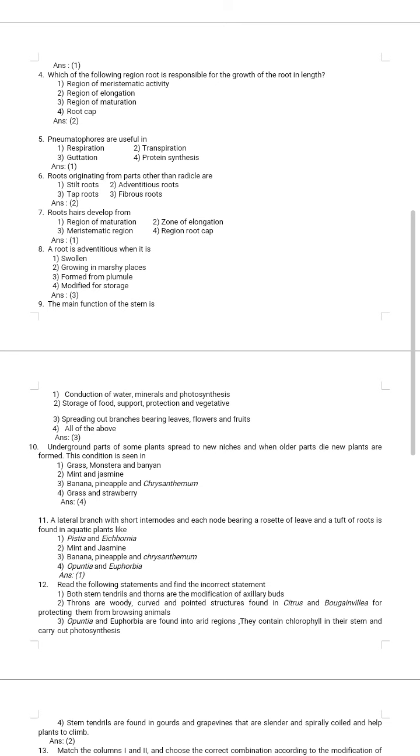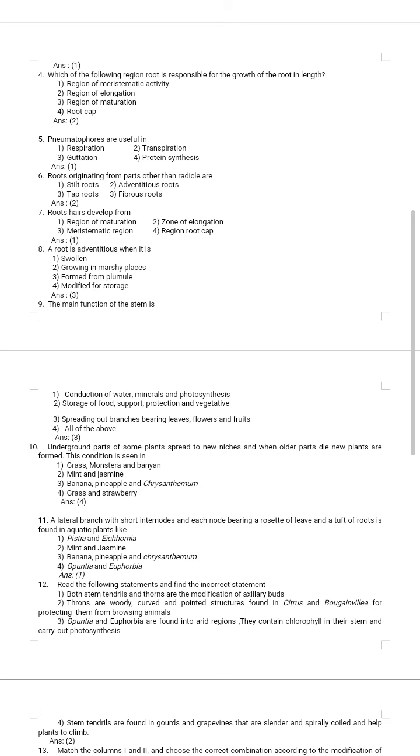So those are nothing but adventitious roots, option 2. Examples: prop roots in banyan tree and stilt roots in sugarcane and maize. This is very important. And respiratory roots in Rhizophora.